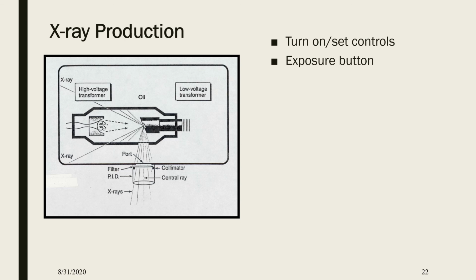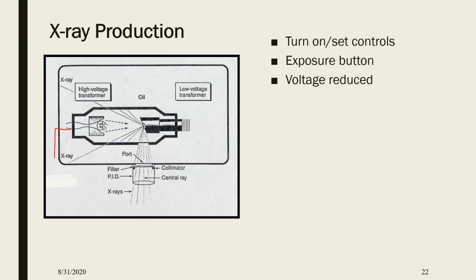Remember the deadman switch? Once you press the exposure button, this causes the electric current to enter the filament circuit of the X-ray machine. So the exposure button is depressed, and now electricity is supplied to the filament circuit.